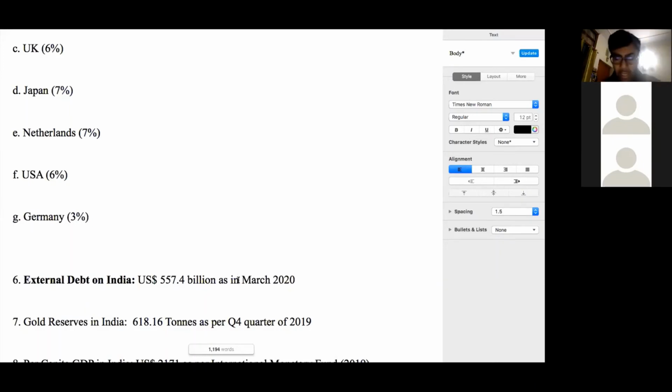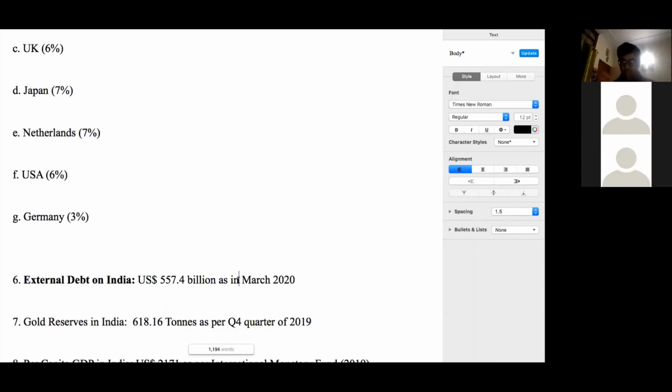External debt means that basically any Indian company, organization, or state or central government in India, whatever debt in terms of loans and interest payments and principal amount that any Indian organization, that is a company or a government owned company or a private company or a publicly listed company or the Indian government, central or state government, all of them put together, that they owe to other countries minus what the other countries owe to India.